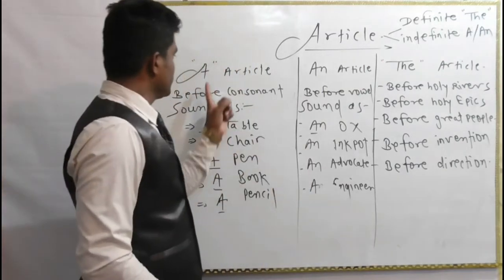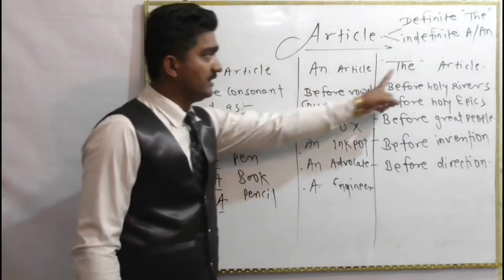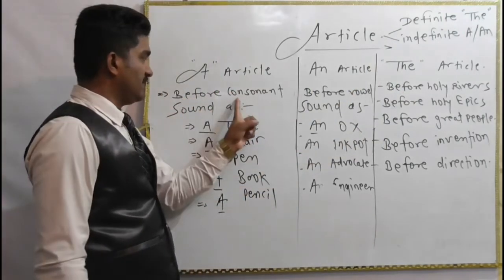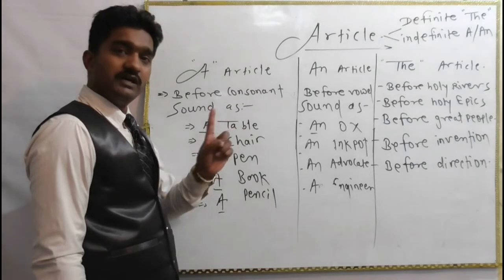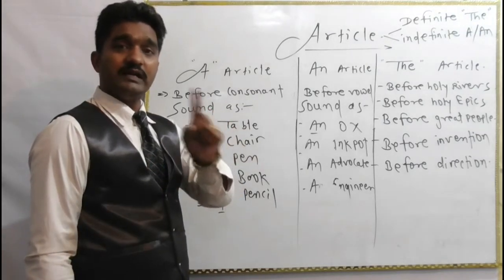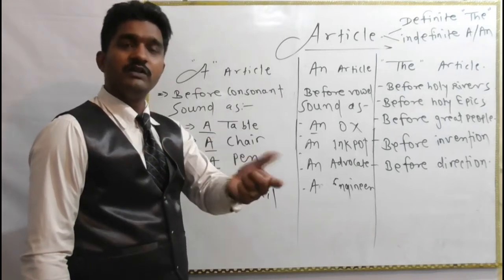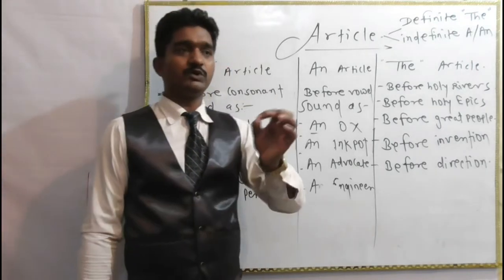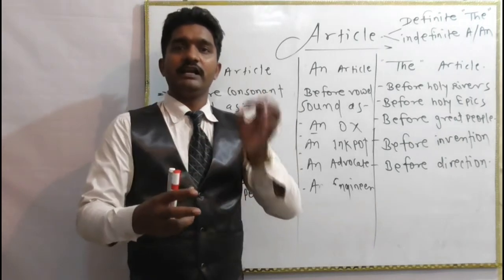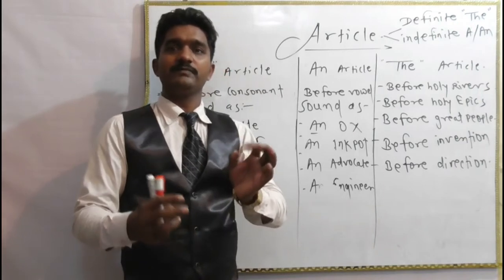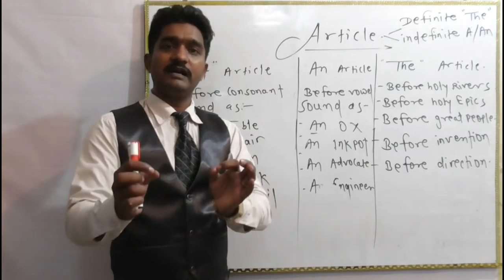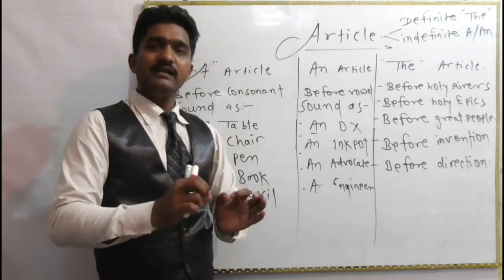I will tell you first: a article, an article, the article. So a article is used before the consonant sound, not consonant letter, before the consonant sound. Means you should pronounce the noun, and if the first letter comes from the Hindi alphabet ka to gya, then use a article before that.